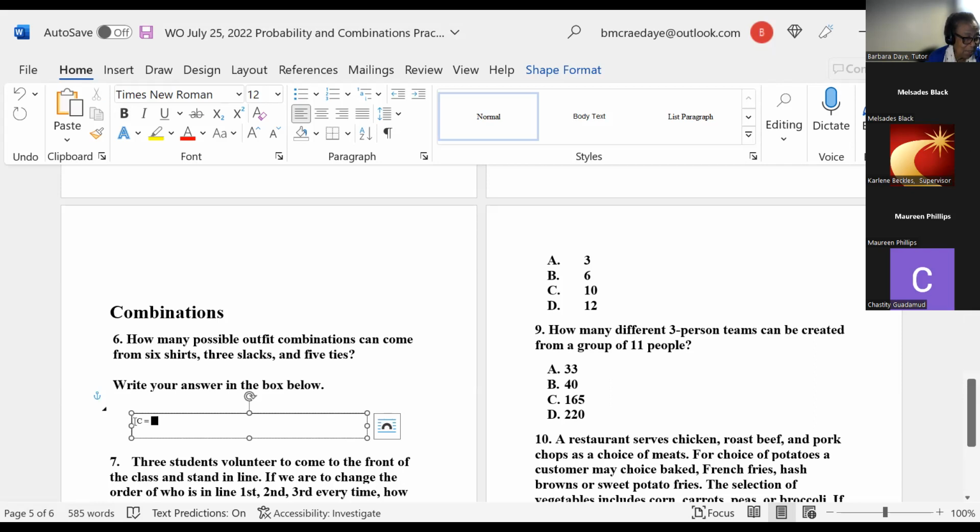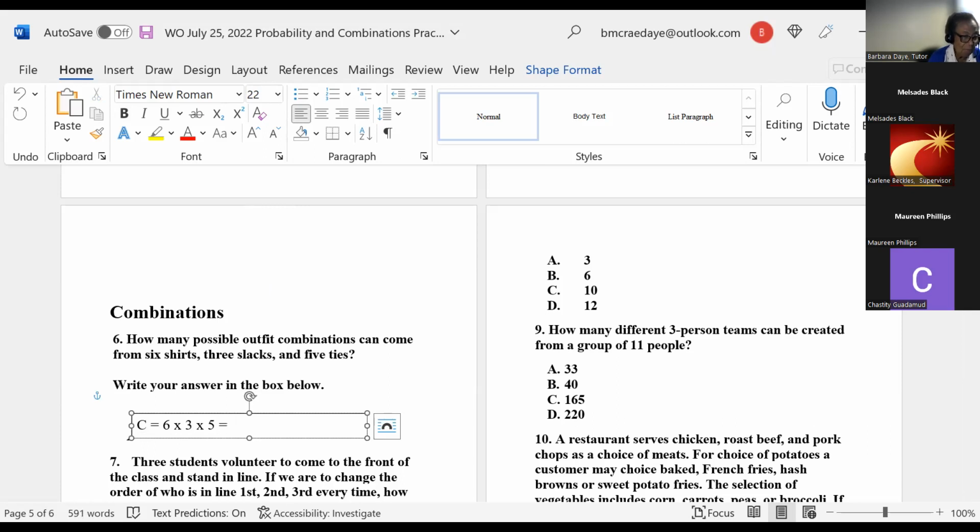What do you get when you multiply? 6 times 3, times 5. What does that equal to?